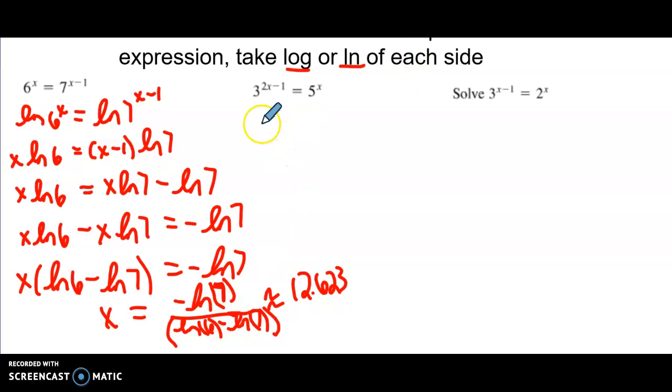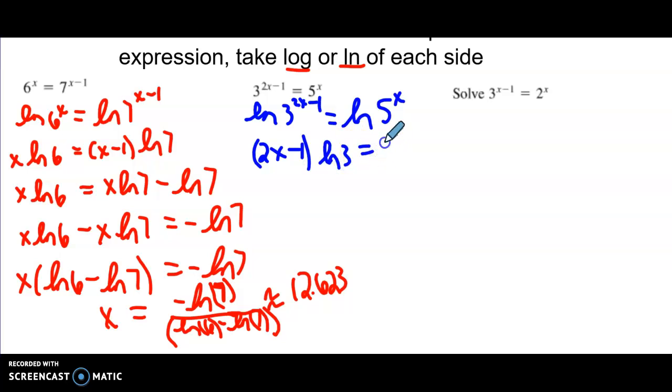Okay? Same thing here. I'll take the natural log of the left and the natural log of the right. And then I'll bring the 2x minus 1 down in front and the x down in front. We'll distribute the natural log of 3 through the parentheses.